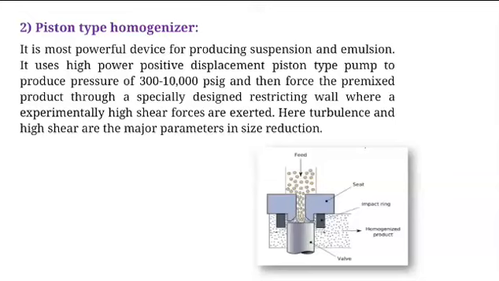Next is the piston type homogenizer. It is the most powerful device for producing suspension and emulsion.